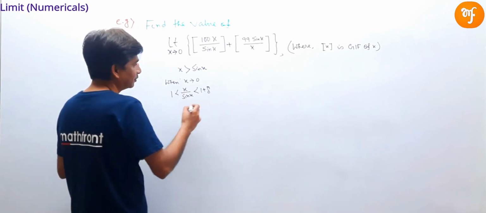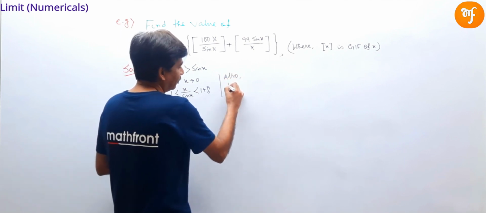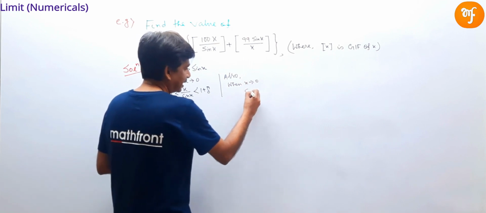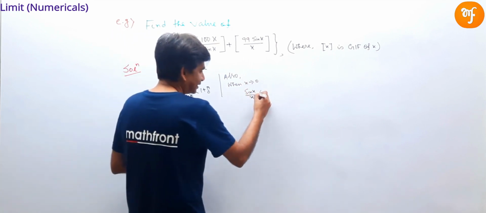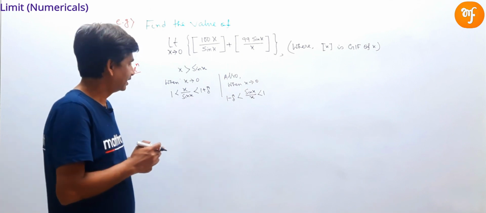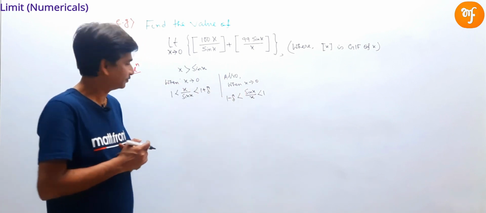Also, when x tends to 0, then sin x by x is less than 1 and greater than 1 minus delta. So that is why we say limit x tends to 0 sin x by x is equal to 1.